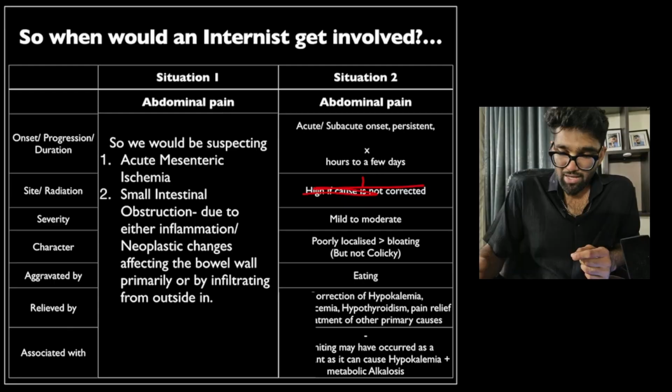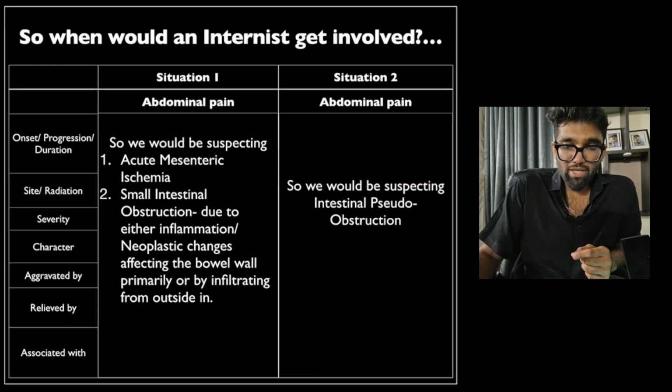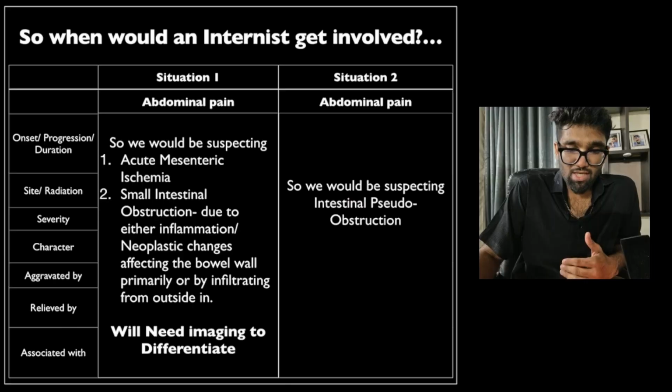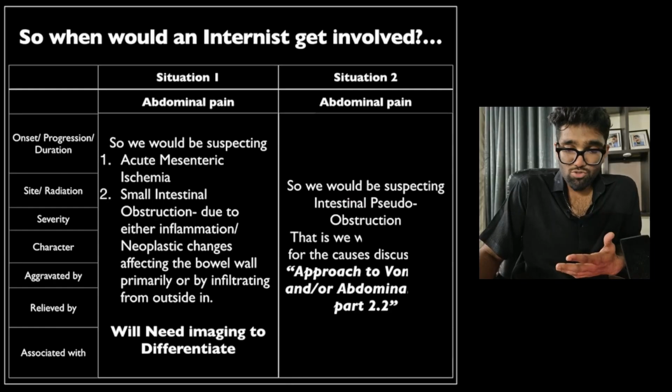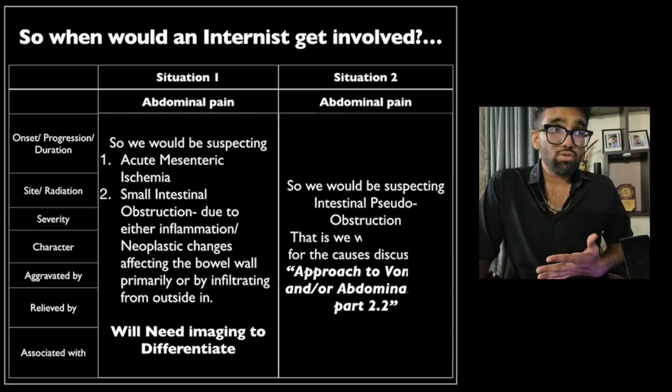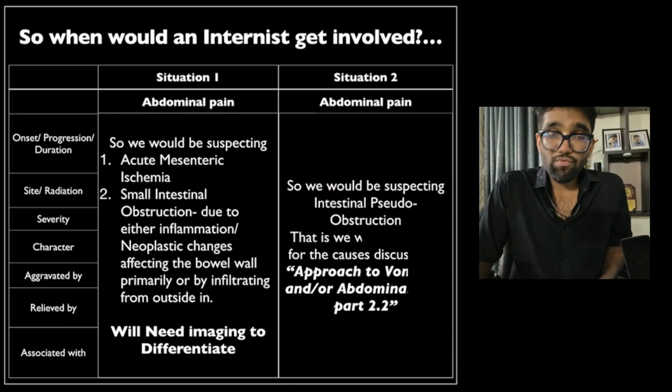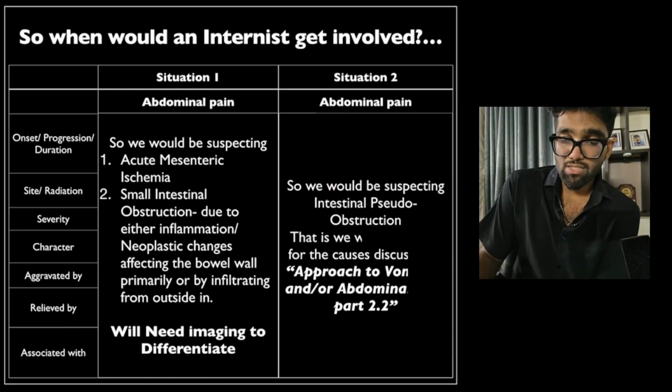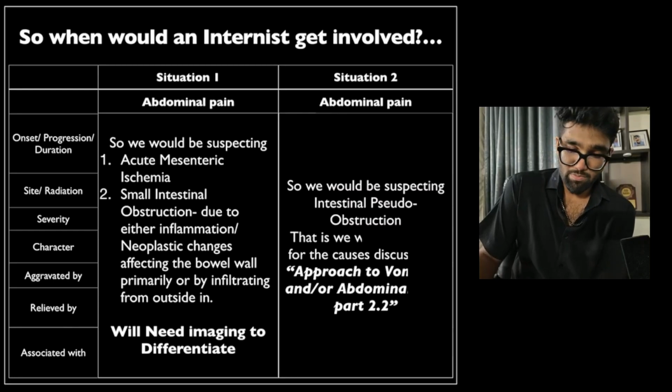Now, on the other hand, situation two would naturally be intestinal pseudo-obstruction, and we've already discussed how to evaluate it. We'd look for hypokalemia, hypothyroidism, and hypercalcemia. We think about central nervous system disorders which would alter neural input into the gastrointestinal tract, or we could also think about increased sympathetic tone and or decreased parasympathetic tone.